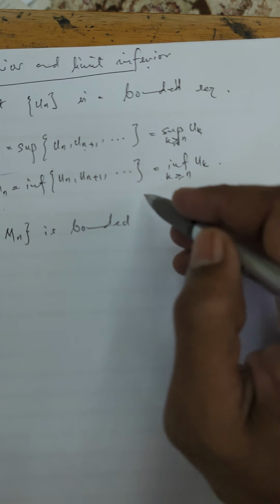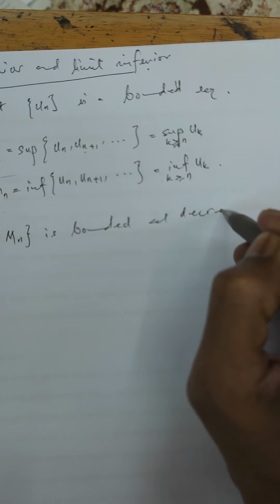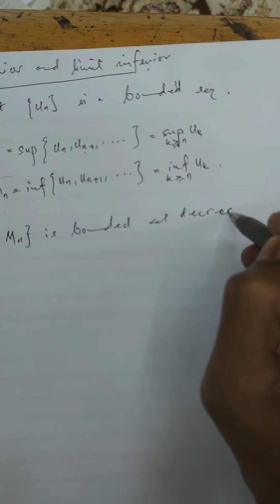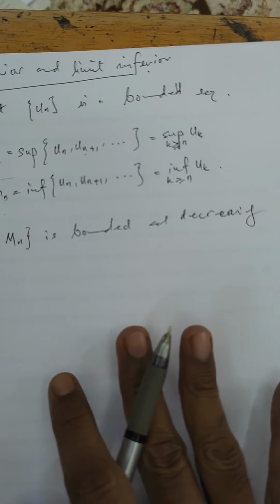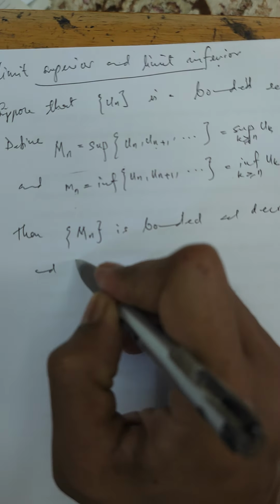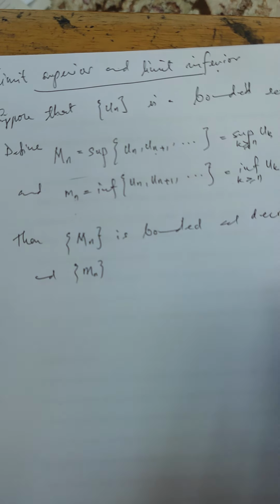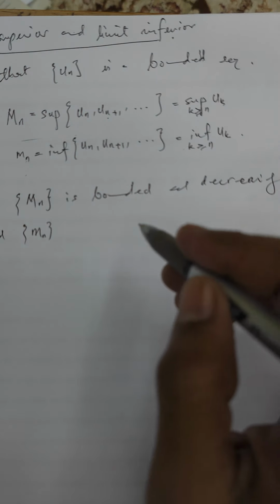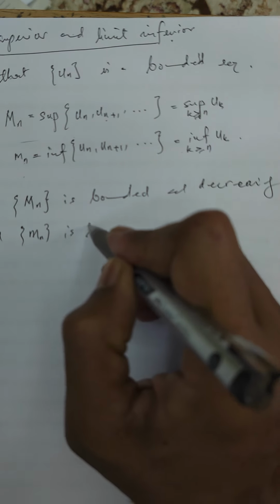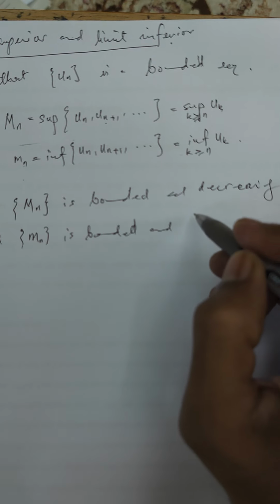And the sequence of small m, the infimum, is also bounded and increasing.